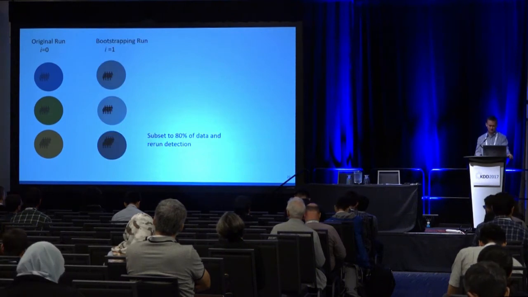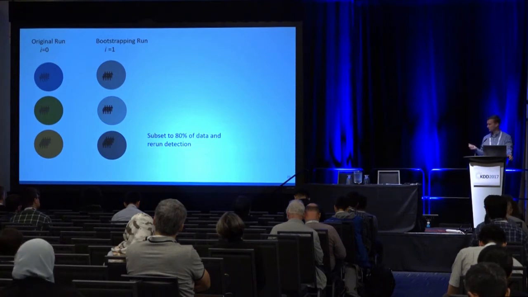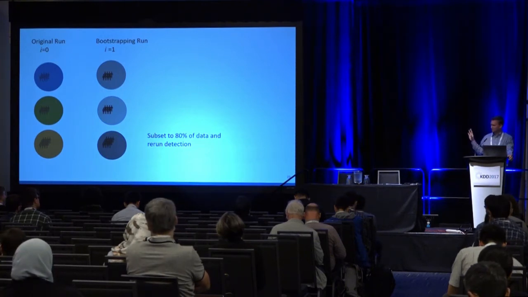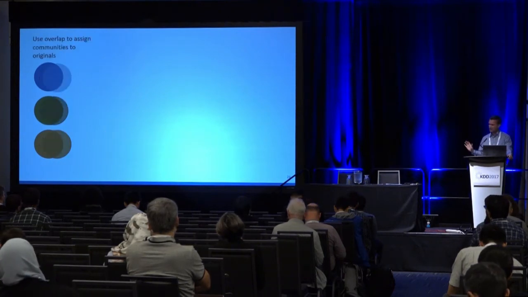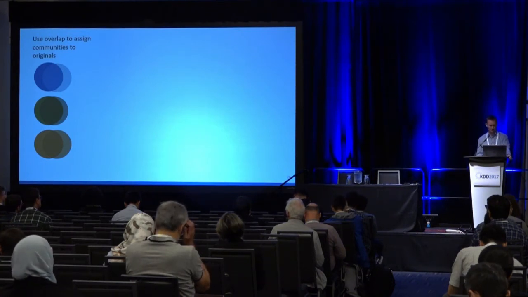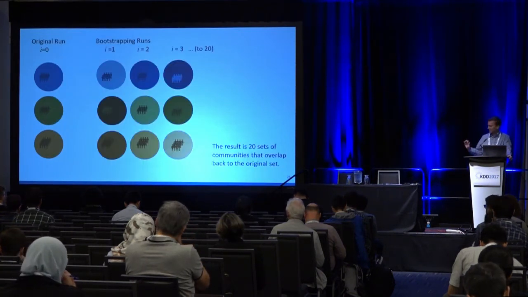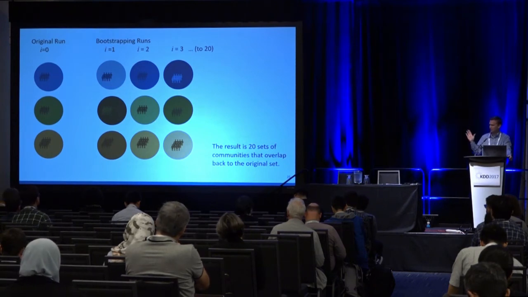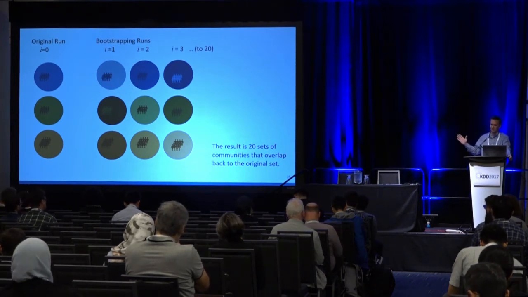We subset to 80% of the data, and then we rerun the community detection. We're going to find a bunch of new communities in this subset, and then we compare them back to the originals to see which communities they're most like. Then for that bootstrapping run, we have a set of communities that map back to the originals.